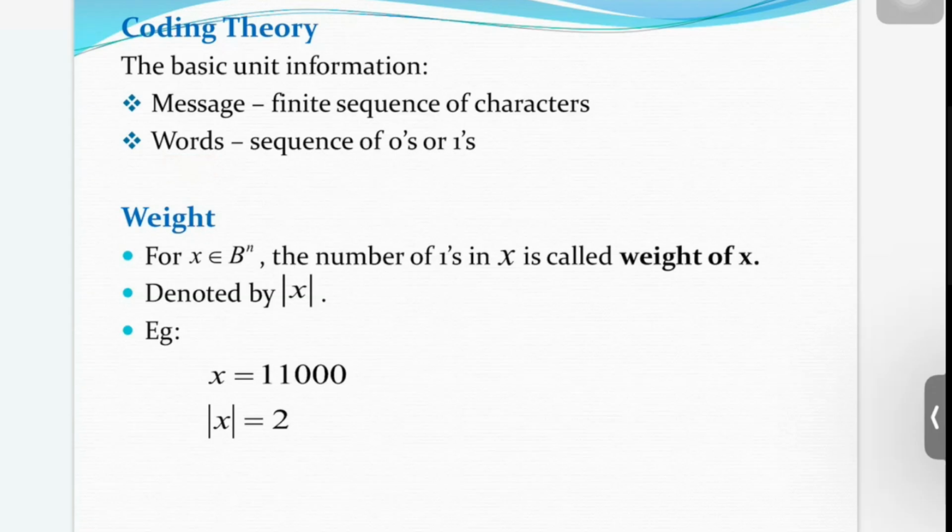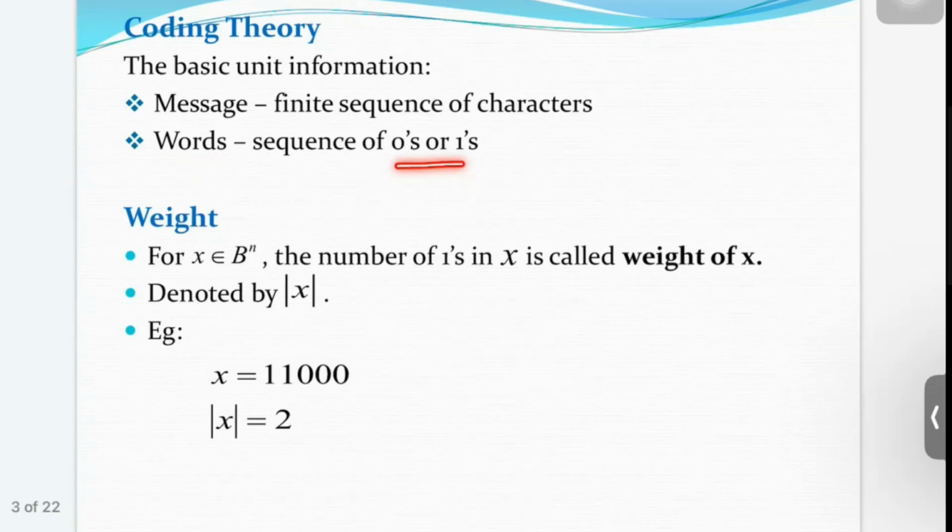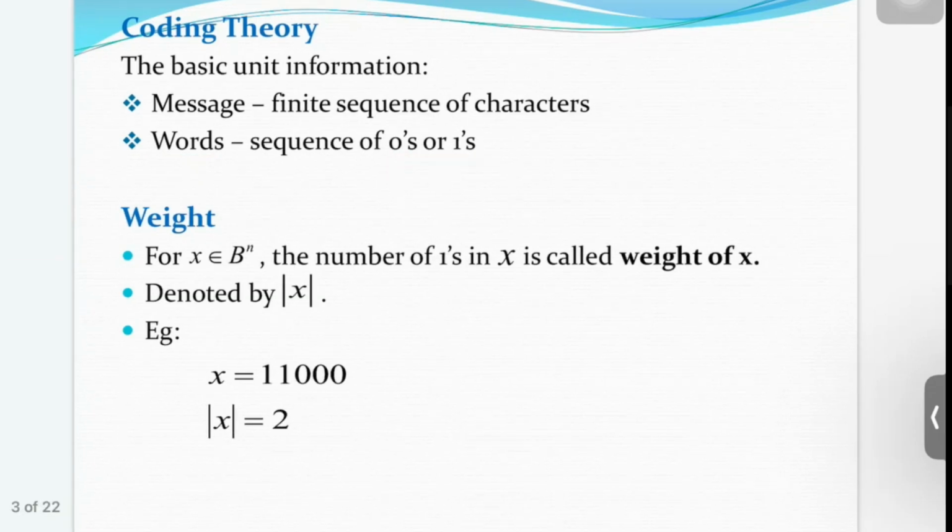Words are sequences of 0 or 1, and the weight is the number of ones in the word X. It's called the weight of X. For example, when we have X = 11000, the weight will be 2 because there are two 1s in this word.